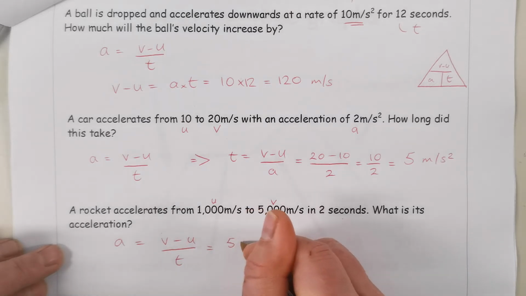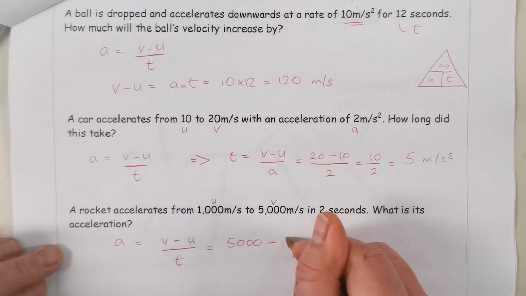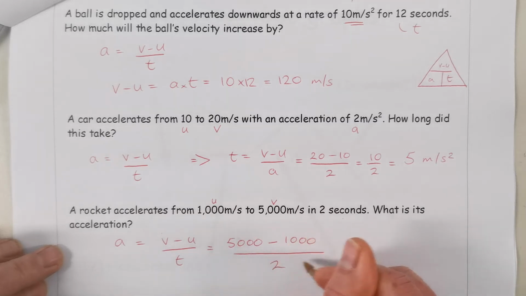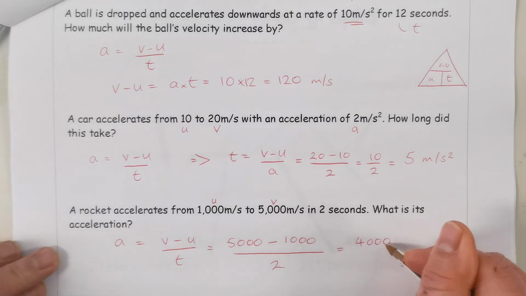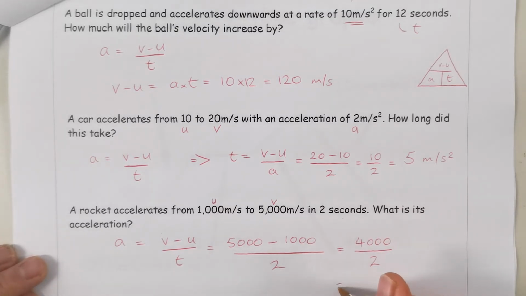Well, V is its final velocity, 5,000, minus its starting velocity, which is 1,000, divided by 2. So it got 4,000 meters per second faster in 2 seconds. So it had an acceleration of 2,000 meters per second squared. Well, that's a very high acceleration. I wouldn't fancy being in that rocket.